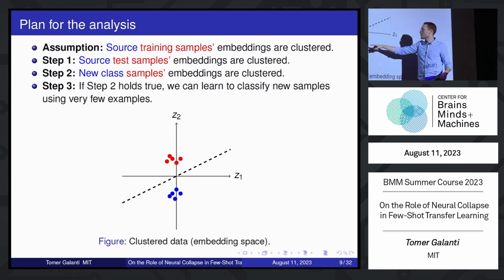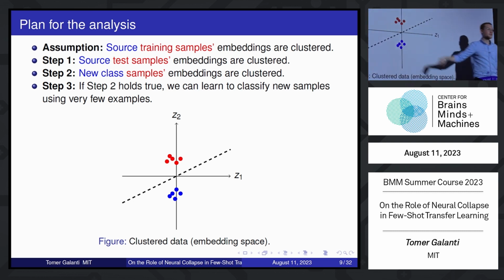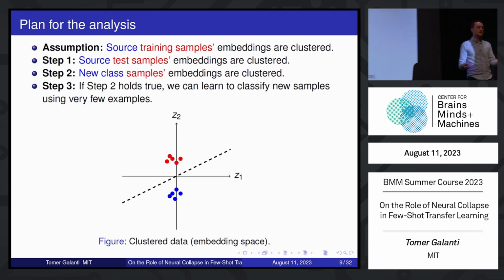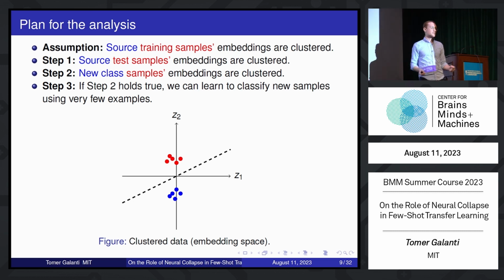Then if I just pick one sample from each one of these classes, it's sufficient to come up with a linear classifier between the two that generalizes well and will be able to perform well on new samples. I will need only O(1), a constant number of samples, to learn a classifier that performs well on new samples.